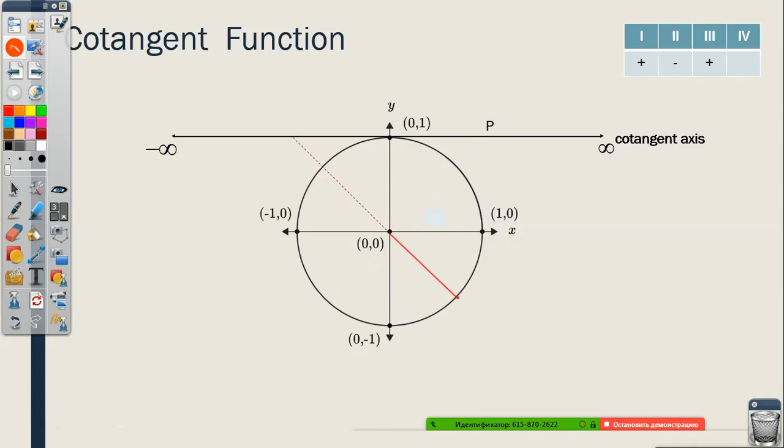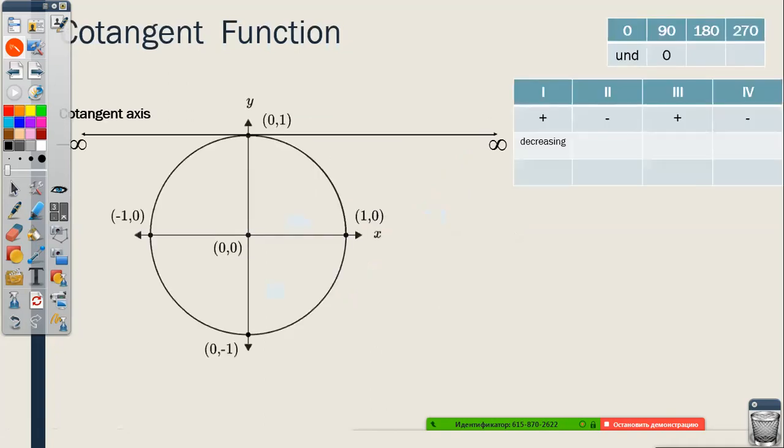In the fourth quadrant, again the angle's extension is in the second quadrant, so that's why in the fourth quadrant cotangent is negative. Now let's see if the cotangent function is increasing or decreasing.